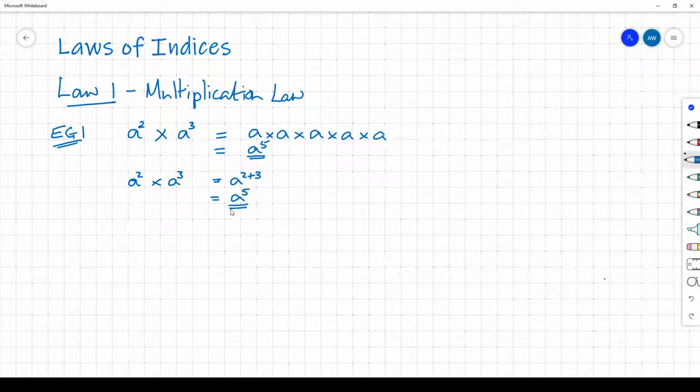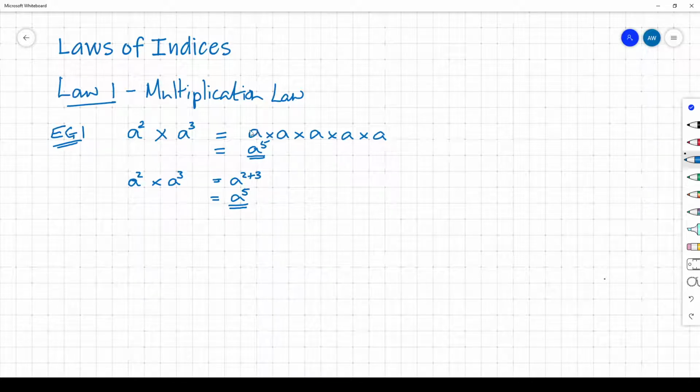So that is our first multiplication law, but the understanding behind adding the two powers comes from expanding what a squared and what a cubed means, like we did here, and we can see then that we get a to the power 5, and it's from doing that that you notice, oh, I could just add up the powers.